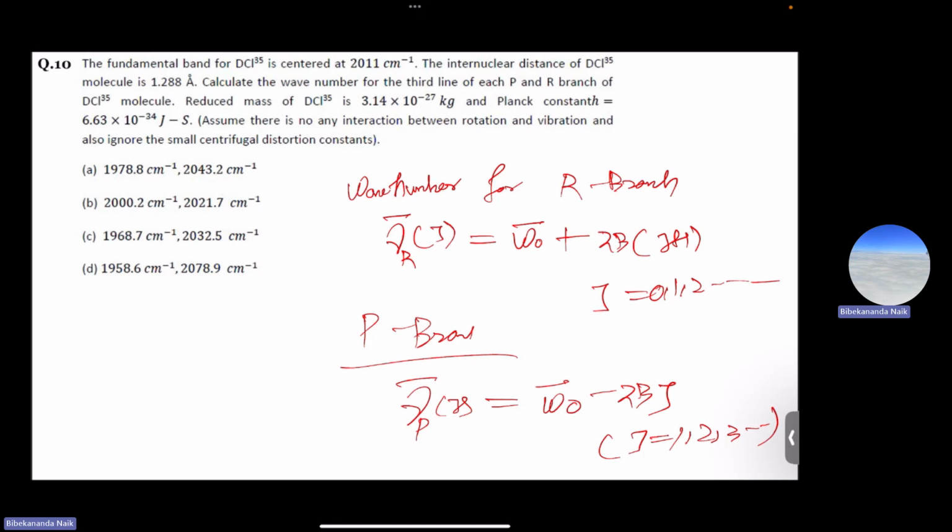Now in the question, it is given that the fundamental band for DCl 35 is centered at 2011 centimeter inverse. So here the center is omega 0 bar, and from the question omega 0 bar is 2011 centimeter inverse.